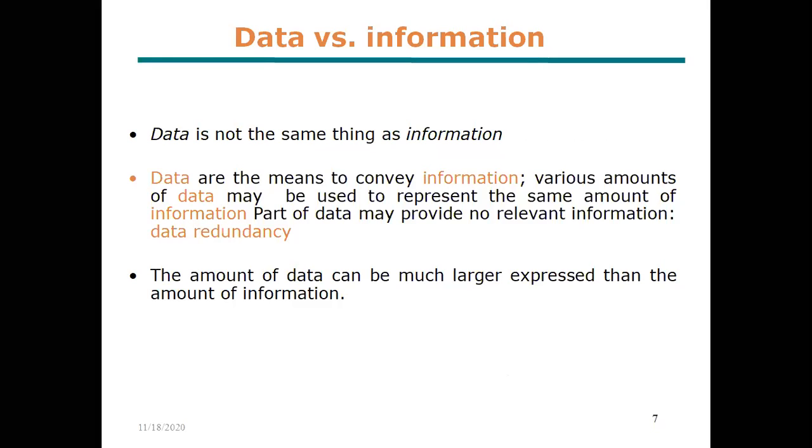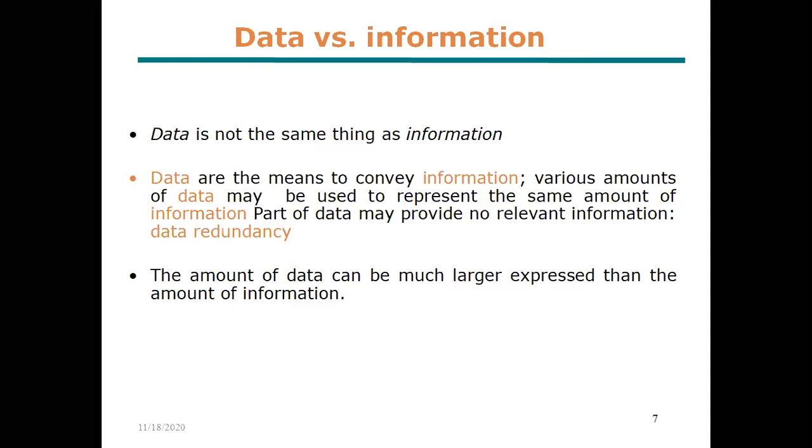The amount of data can be much larger than the amount of information. That means the data which is used to express or convey the information is very large. Then the image consists of redundant data, or redundancy in the image. Okay, so that is the difference between data and information.